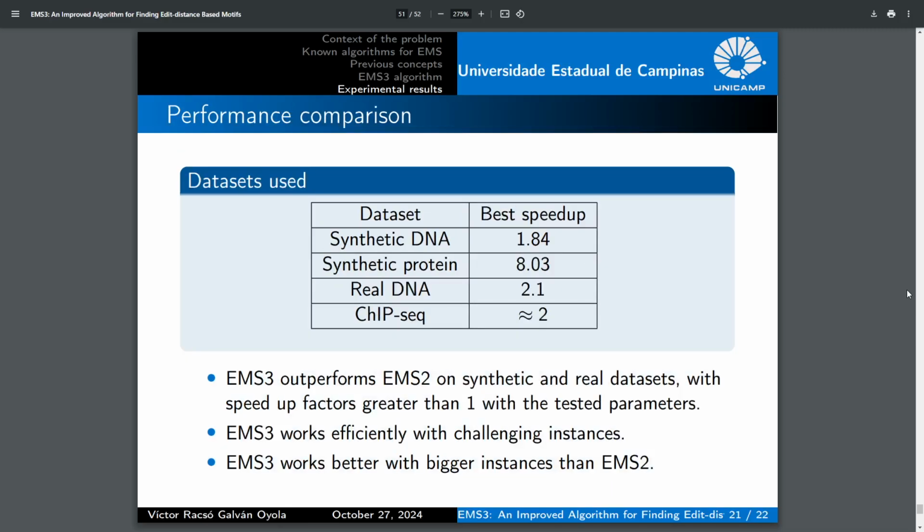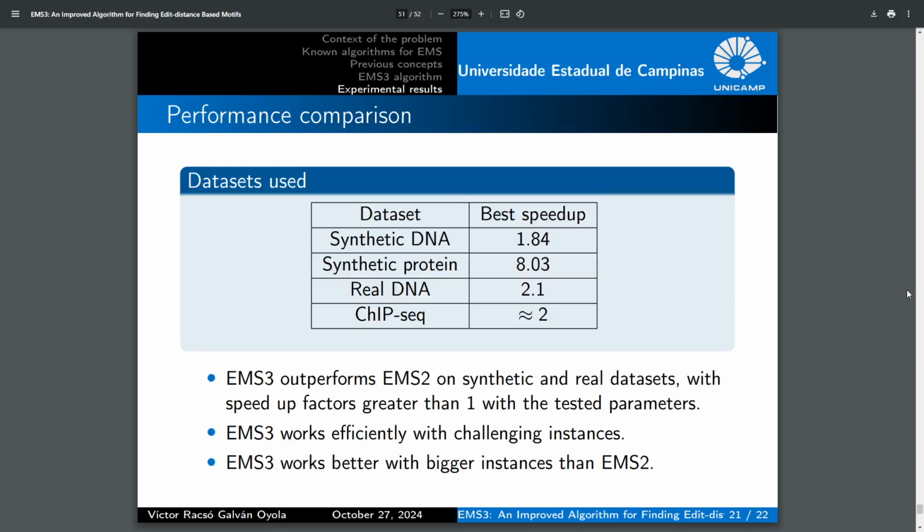Now the performance comparison using the first algorithm for motif verification shows some speedups that are greater than 1. We have that EMS3 outperforms EMS2 on synthetic and real data sets. We've seen that EMS3 actually works more efficiently with bigger instances and also works efficiently with challenging instances.